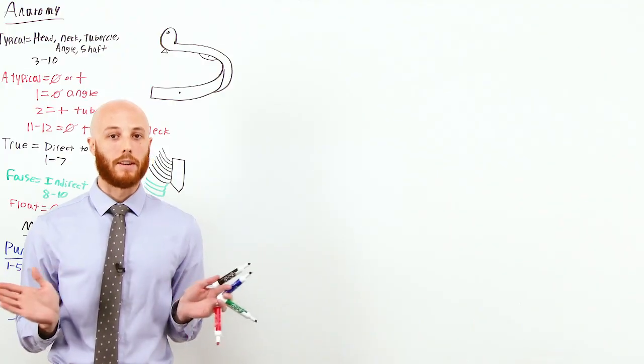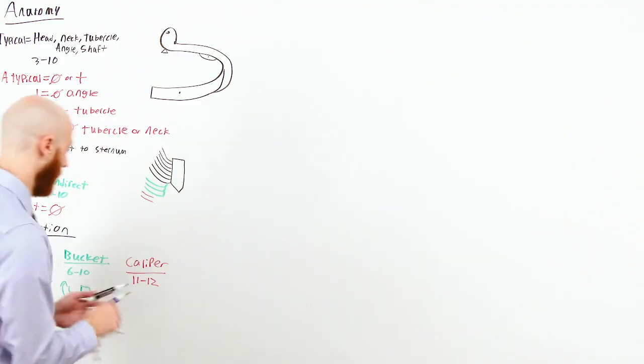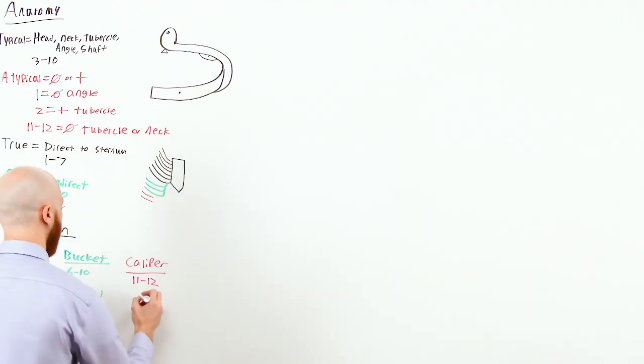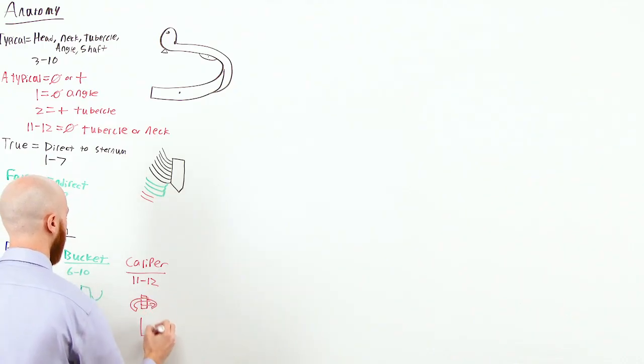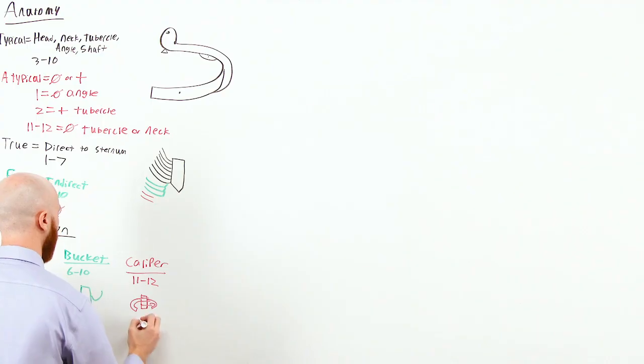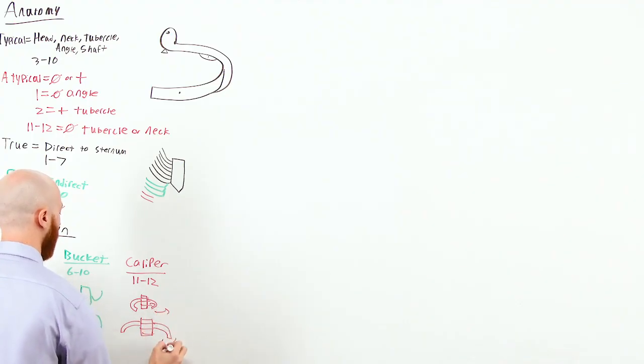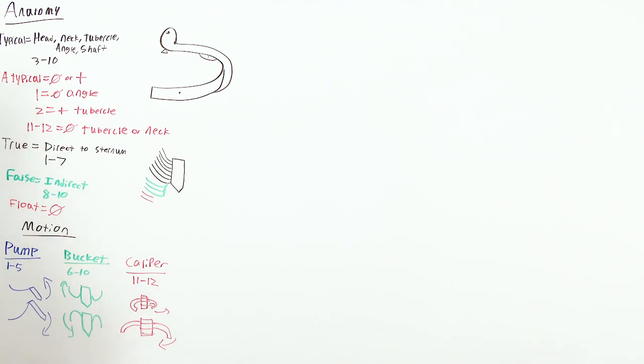This motion is called a caliper motion. So drawing this out, this is going to be the spine. Here's your caliper ribs. And now they move outward. So that's your caliper motion.